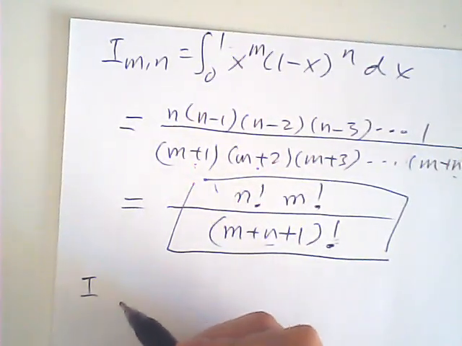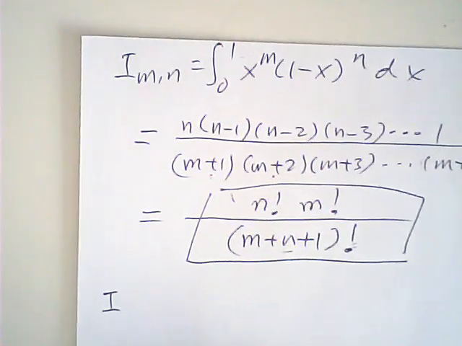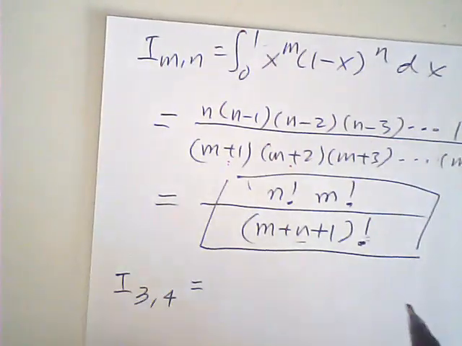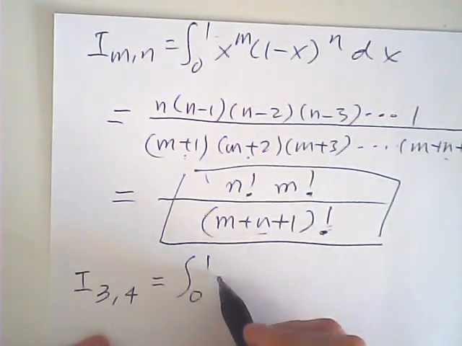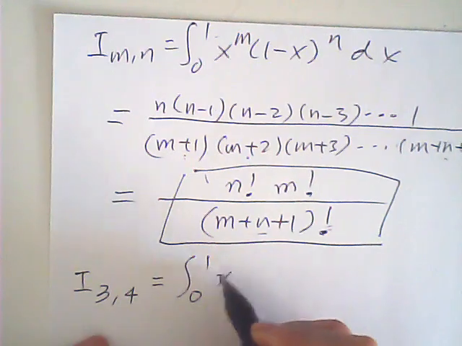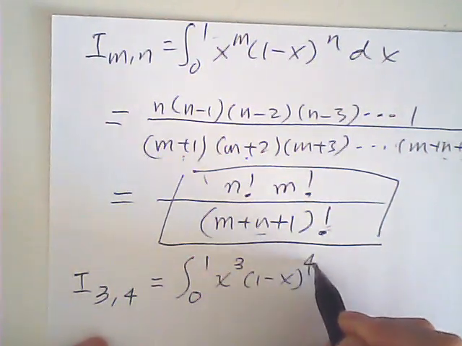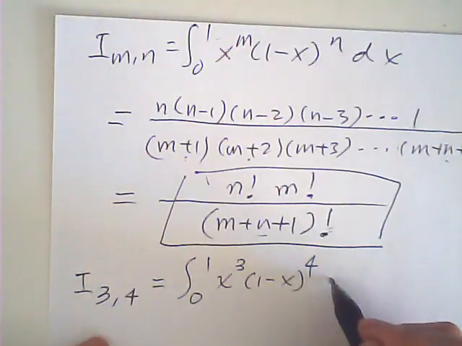The first example is the integral from 0 to 1 of x^3 times (1 - x)^4, so m is 3, n is 4.